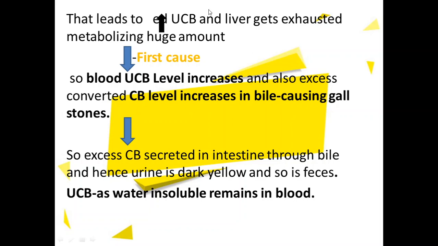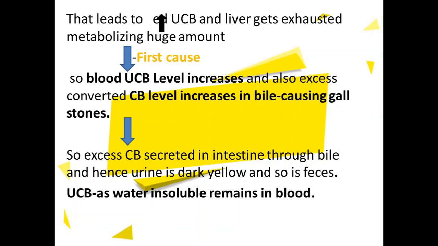So here the liver is now not able to take that huge load and it gets exhausted converting a high amount of unconjugated bilirubin into conjugated form. So what is happening? Whatever unconjugated bilirubin is left, its amount or its level is increasing, and that is seen in blood. First cause.